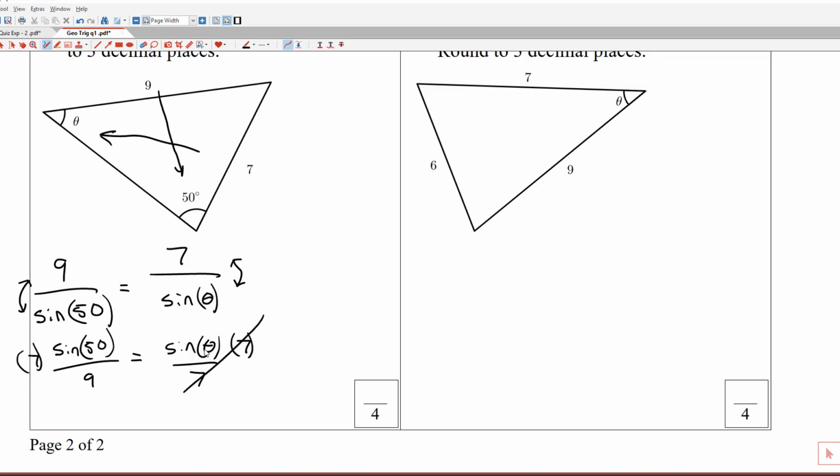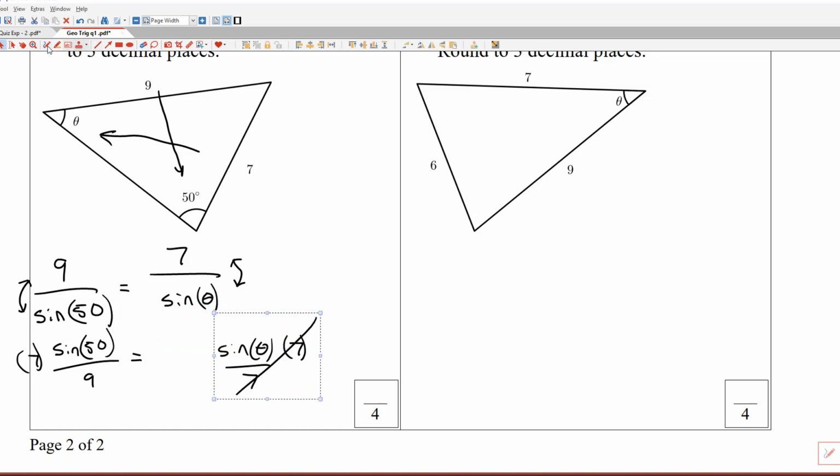The only thing that we need to do is, I'm going to move this stuff a little bit to the right here. We need to undo sine. Right now I have the equation, I'm running out of room here, of course, sine of theta is equal to 7 sine of 50, all of that divided by 9. I need to undo sine.